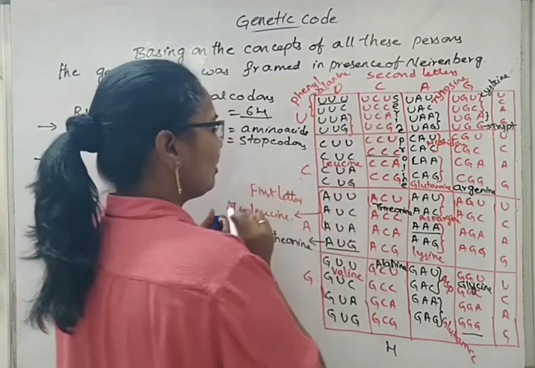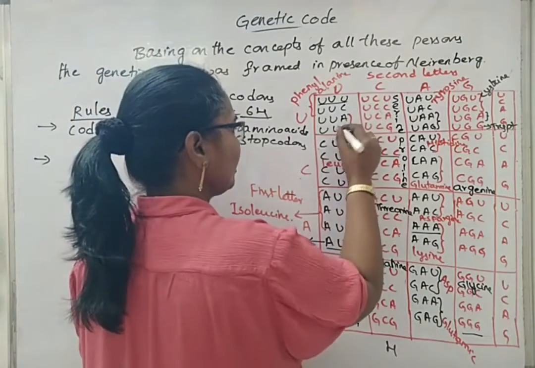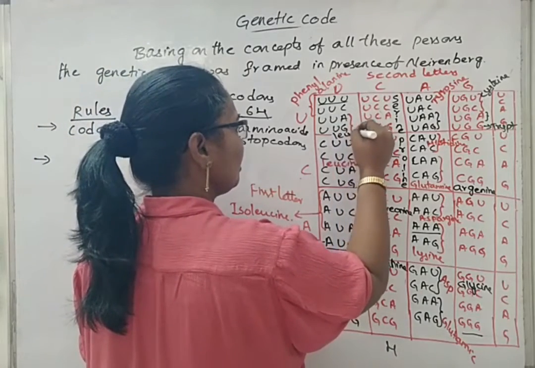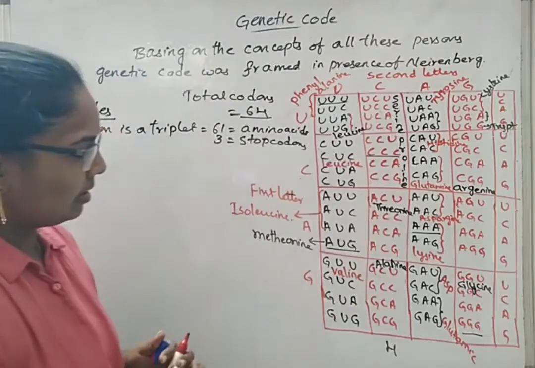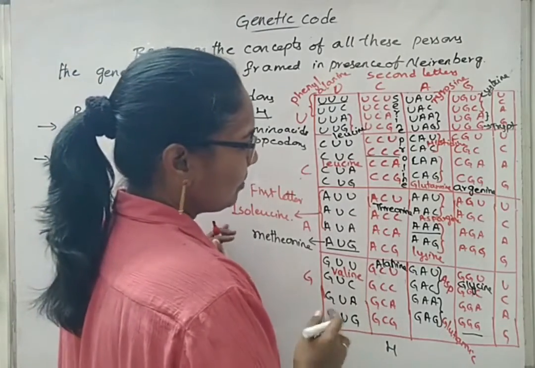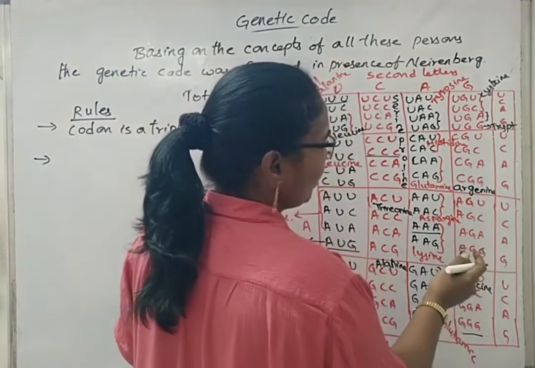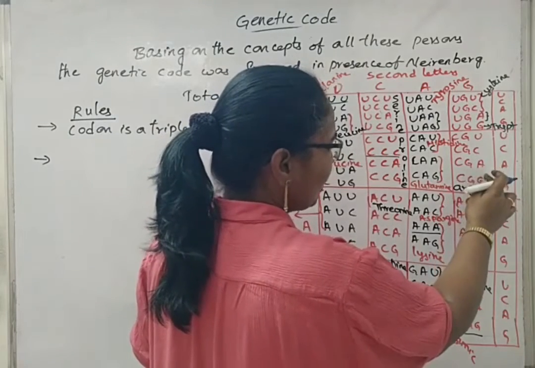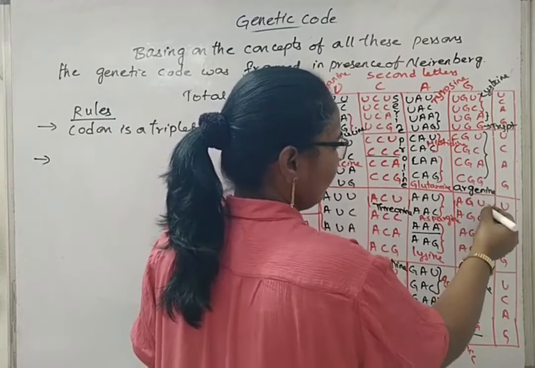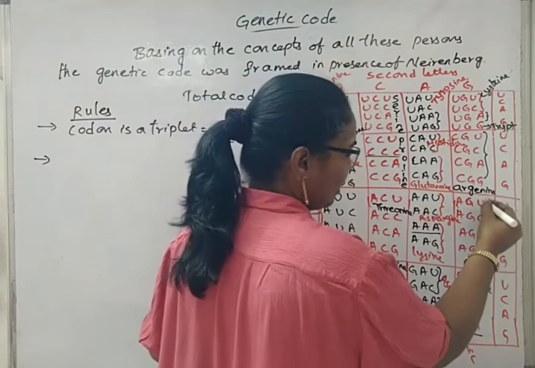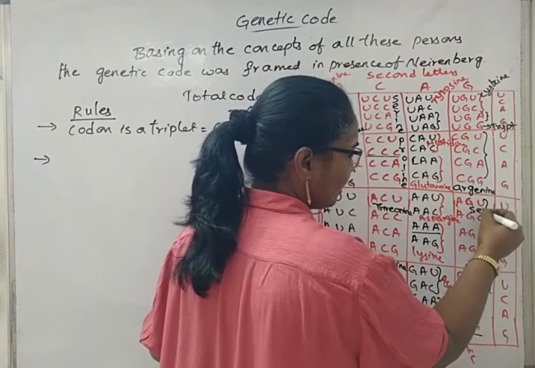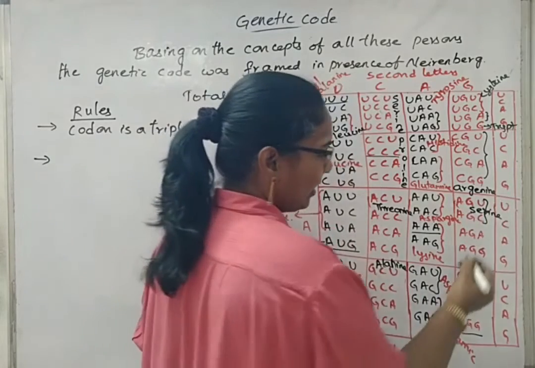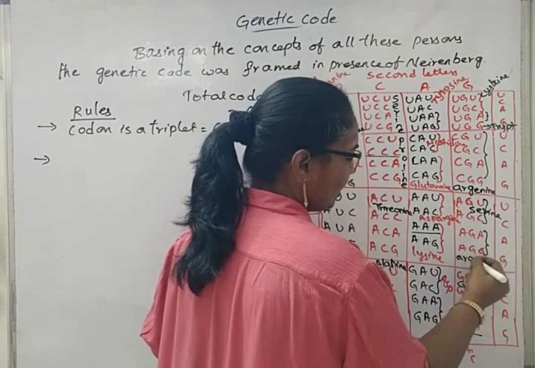Here this is also coding for leucine. So we have got all types of amino acids, but this one is pending. These four are coding for arginine, but here AGU and AGC are coding for serine. Again these two are coding for arginine.